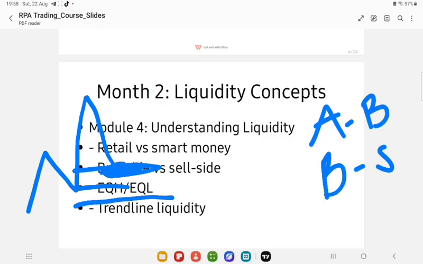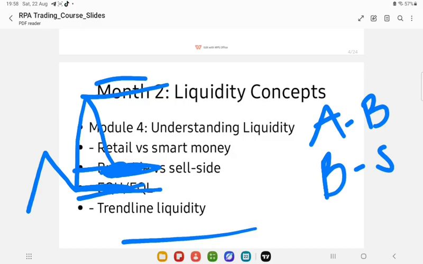Trader A, who bought, has this low as a stop loss, and this place as a take profit. Trader B, who sold, has this place as a stop loss, and the lower low would be the take profit, right?